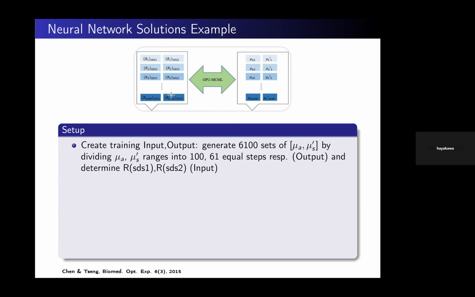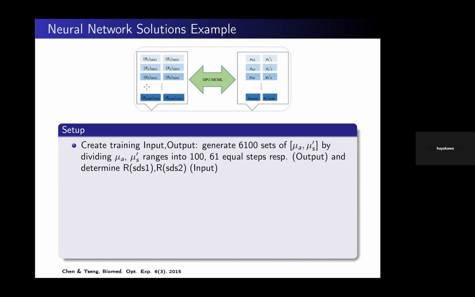Okay, so he had to create his training data first. He used MCML, the Jacques and Wang Monte Carlo code, and GPU MCML, which runs faster on GPU, just to create his data set. He basically gridded out the ranges of mu A and mu S, divvied it up, and generated the reflectance at these two source detector separations.